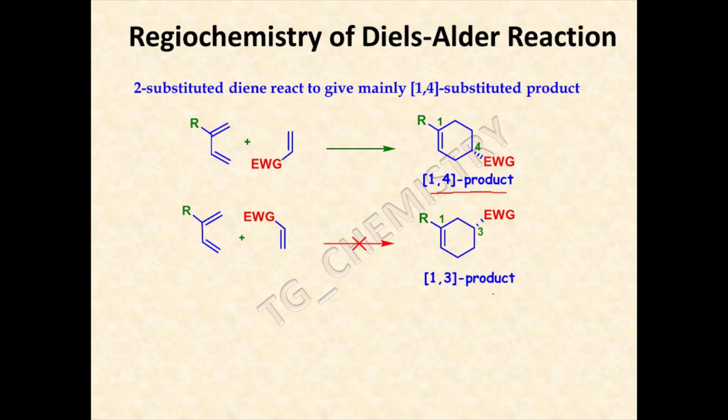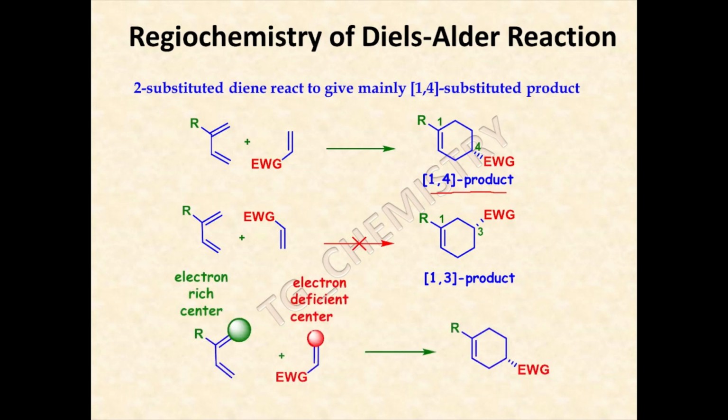In terms of electronic character, when you have an electron donating group in the diene at the 2 position, you don't have the privilege of conjugation, so the nearby carbon gets the electron excess. That is the electron rich center, and to react with it, the dienophile has to have its electron deficient center nearest to the electron rich center.